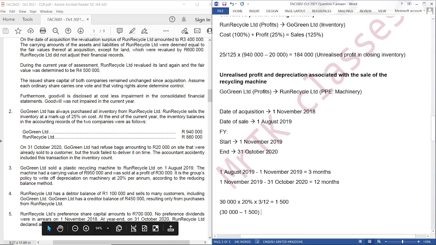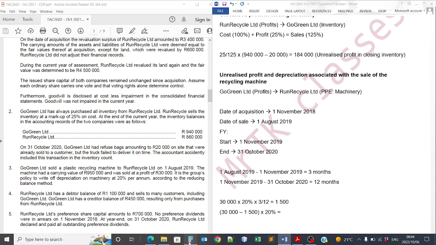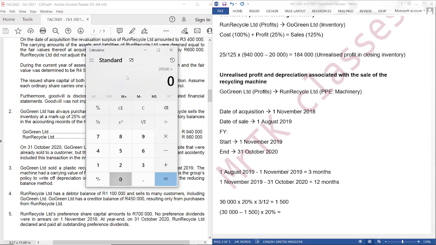Okay, multiply by 20%, right? There's no need to multiply by number of months because this is 12 months. 30,000 subtract 1,500 multiply by 20%, 5,700, right?